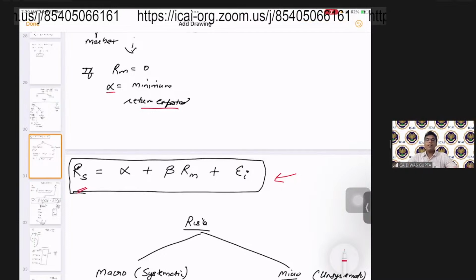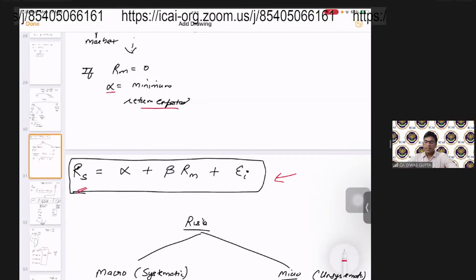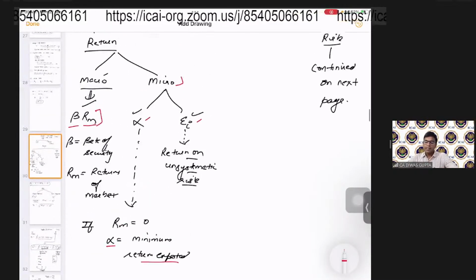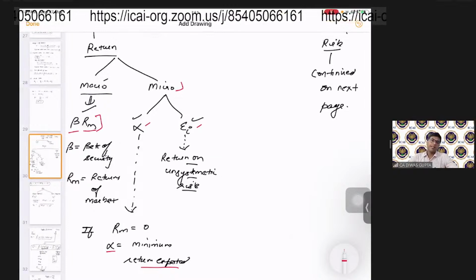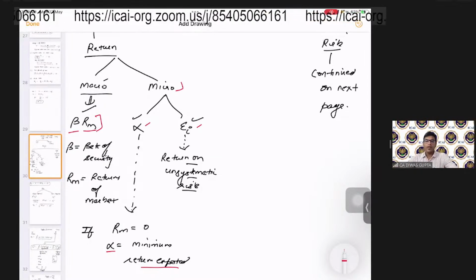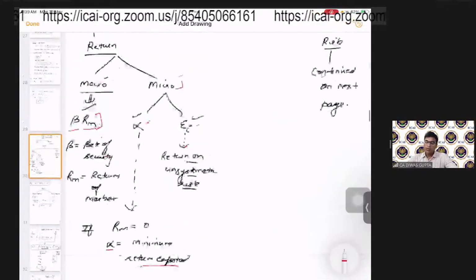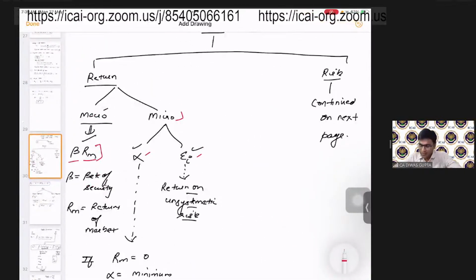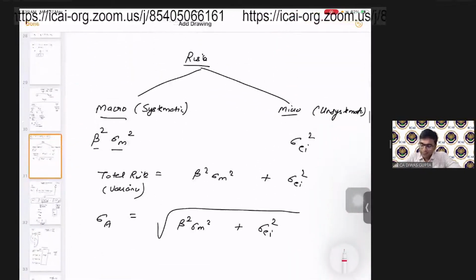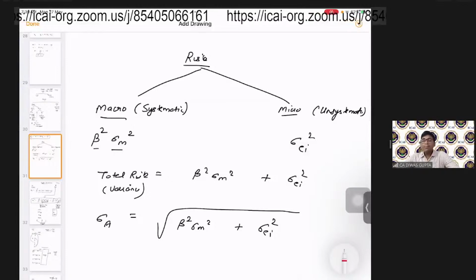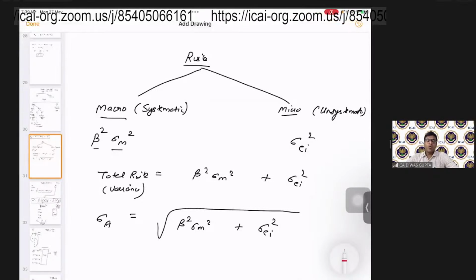So if you see, Sharpe's index model has categorized returns also into two parts, macro and micro, and accordingly they have been used to calculate the return. Now let's come to risk. Similarly, we have risk also into two parts.